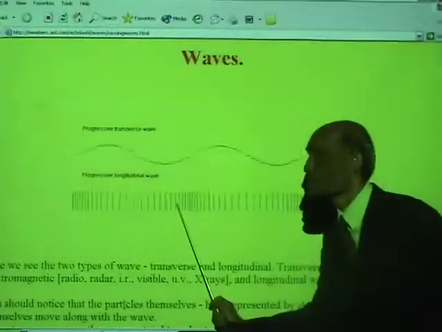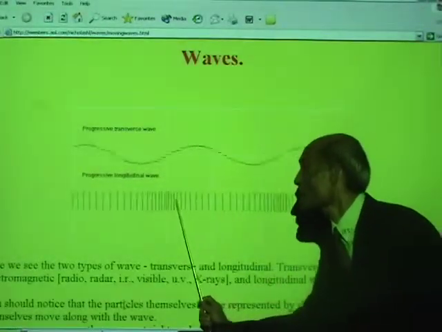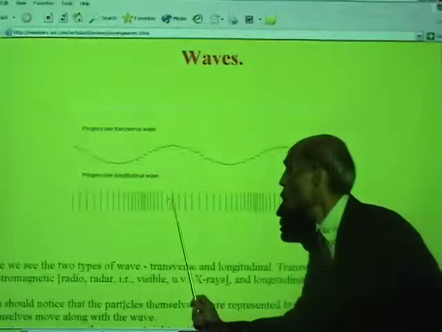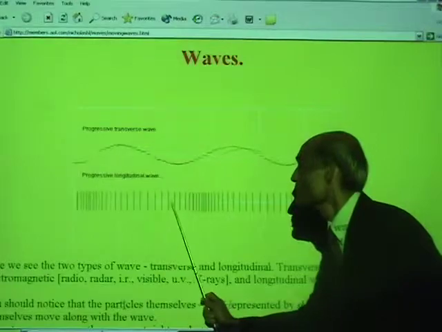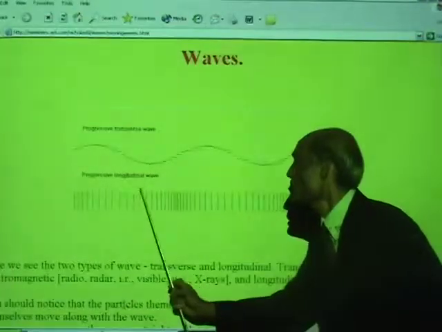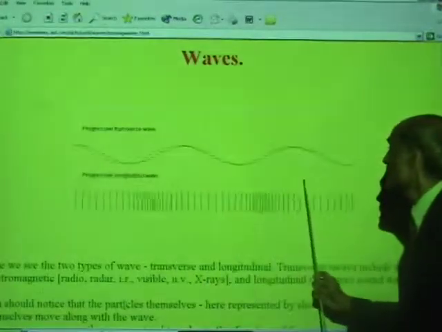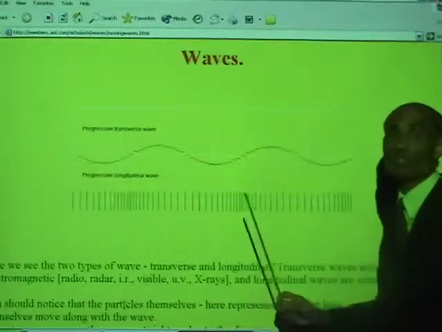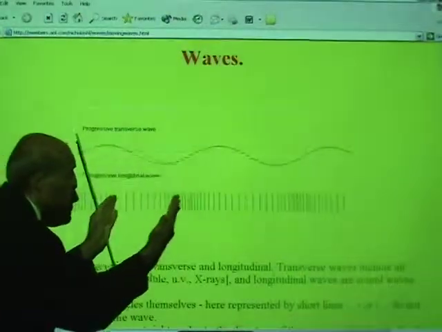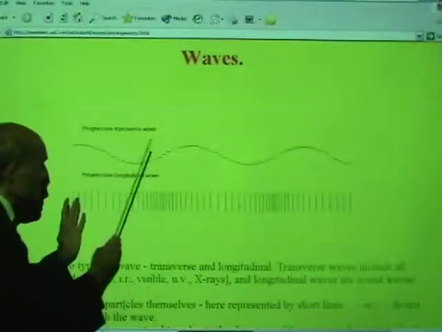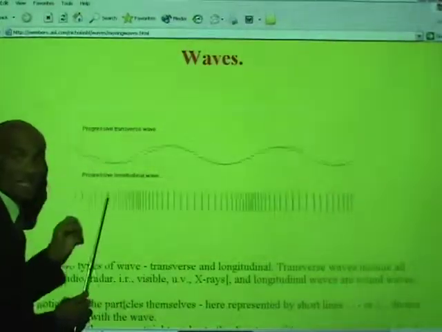And look at the longitudinal wave. Again, watch that red particle. This red particle simply moves left and right. You see that? And the energy gets propagated along the length. And in doing so, particles sometimes get crowded together, sometimes they get separated.